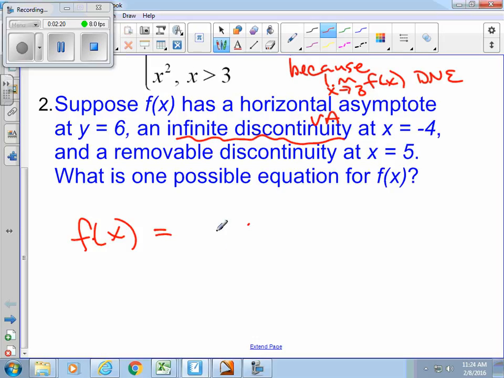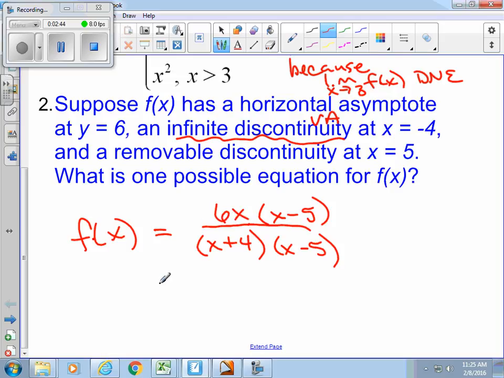Well, I'm going to start with those two things. I need an x plus 4 on the bottom, and I need an x minus 5 on the bottom. Everyone agree? I also need an x minus 5 on the top. So I have gotten the vertical asymptote and the hole. How do I get the y equals 6?